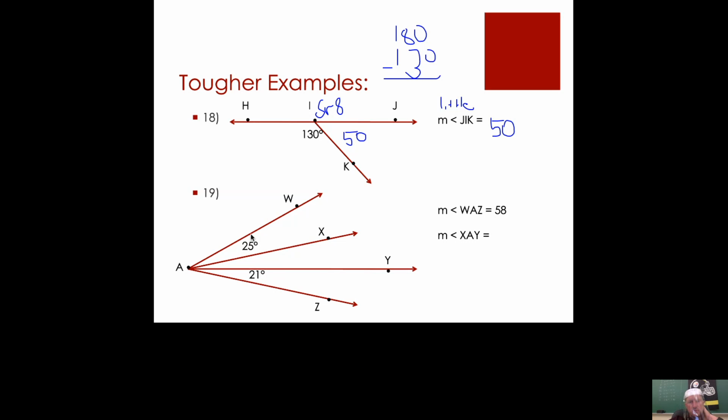Number 19, a little bit more complicated here. We have an additional ray. So how many angles are in this picture? Well, there's 3 little ones, and then there's the one big one, or the biggest angle. Don't forget also that you can combine any 2 of the angles to make a medium-sized angle.